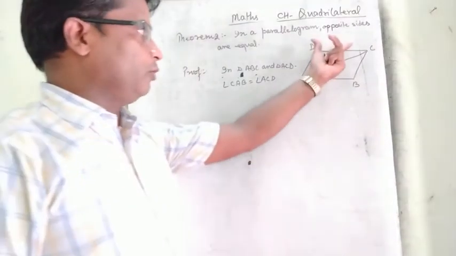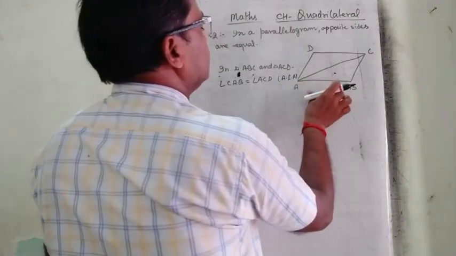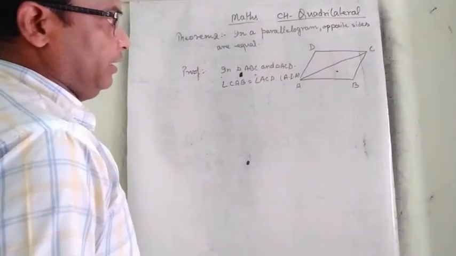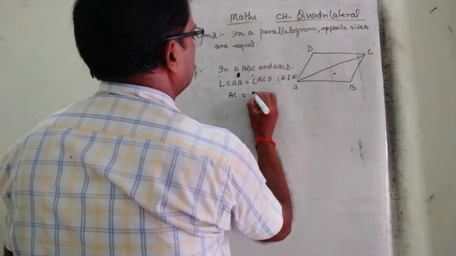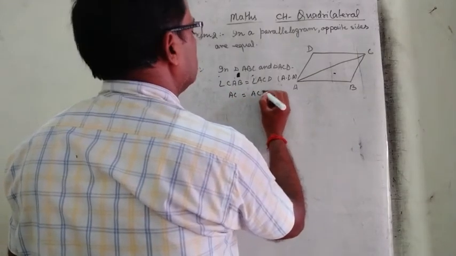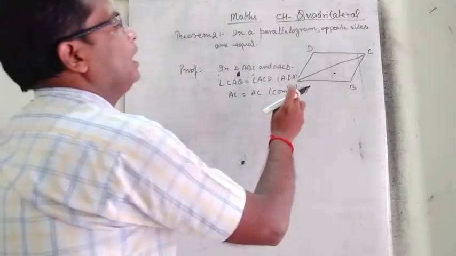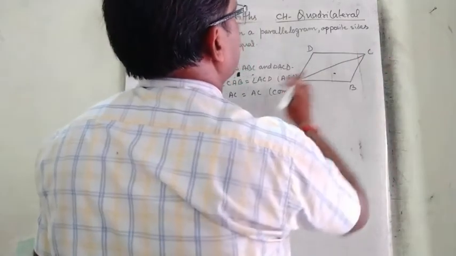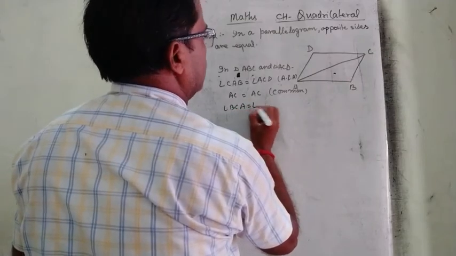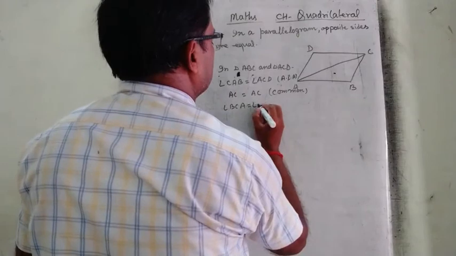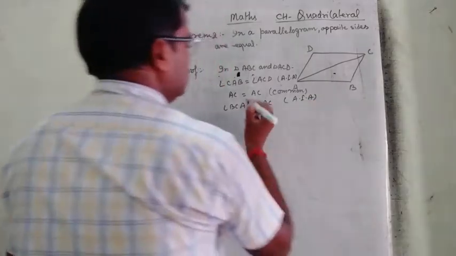Why? This is a parallelogram, so alternate interior angles. After this, AC is equal to AC, common. Third, angle BCA is equal to angle DAC, alternate interior angles.